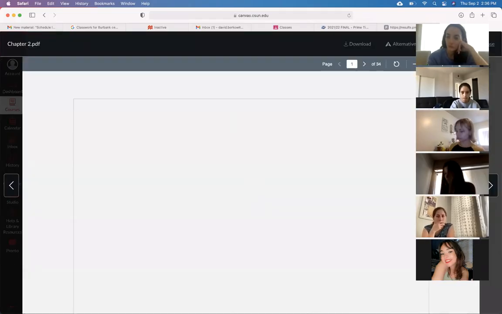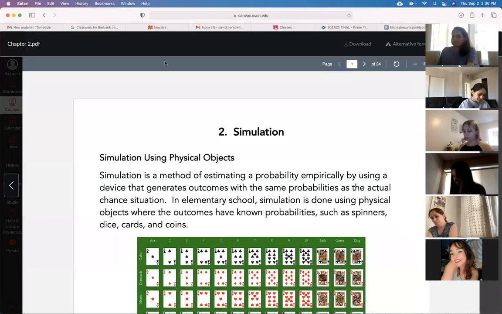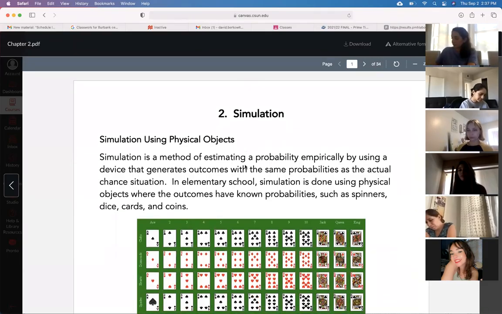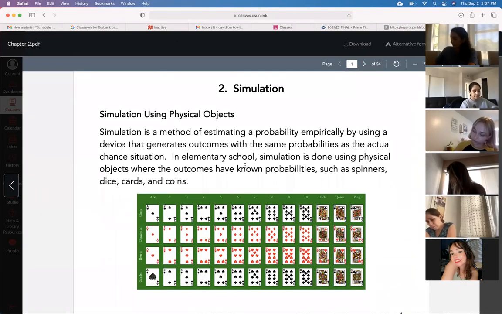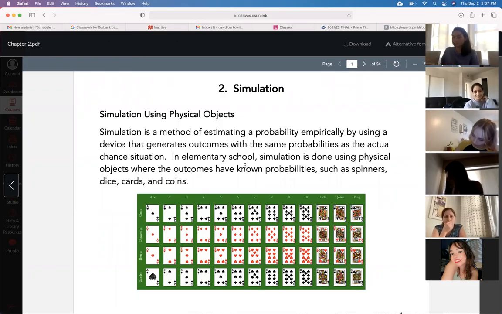Okay, so chapter 2, since there's no questions on chapter 1, let's move forward. Simulation. What is a simulation? I'm glad you asked. It's a great question.